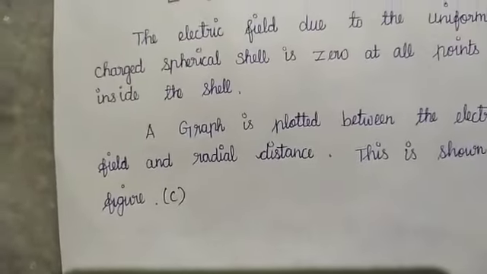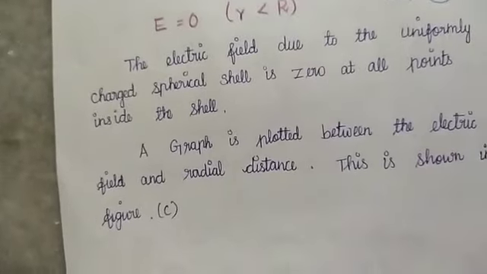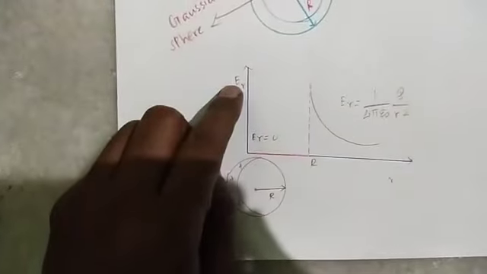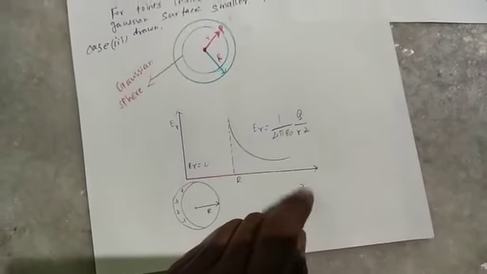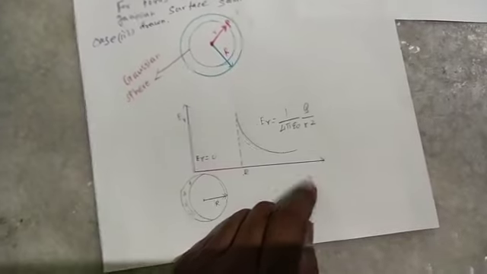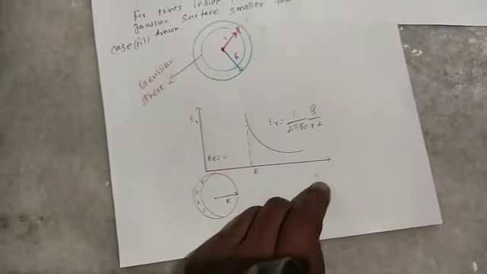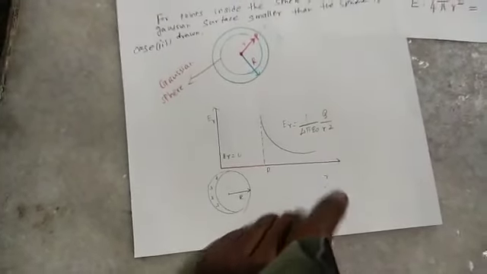So a graph is plotted between the electric field E vector and r, where r is the radial distance of the Gaussian surface or Gaussian sphere. This is shown in the graph diagram.